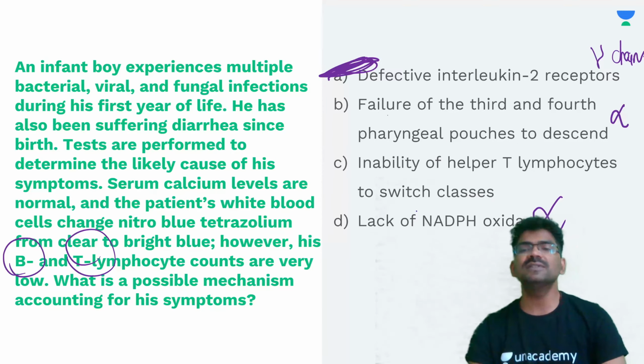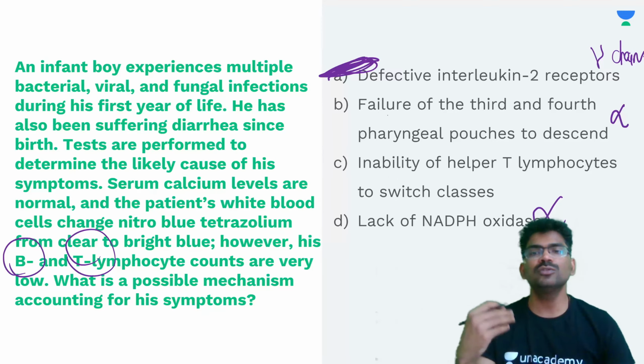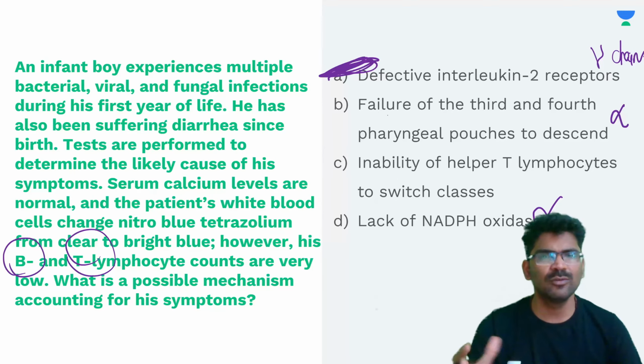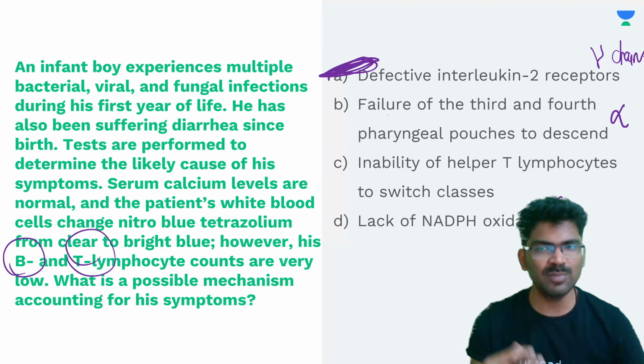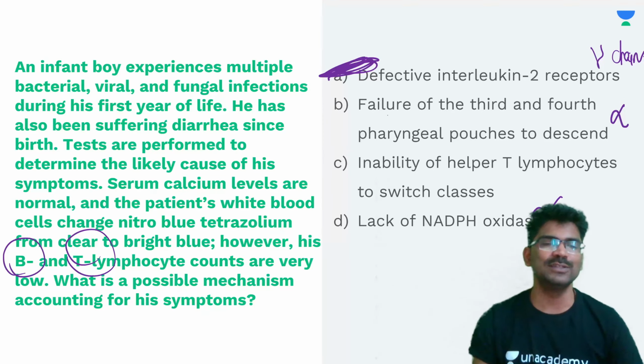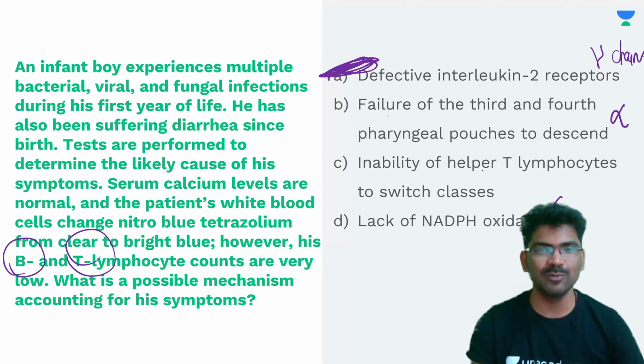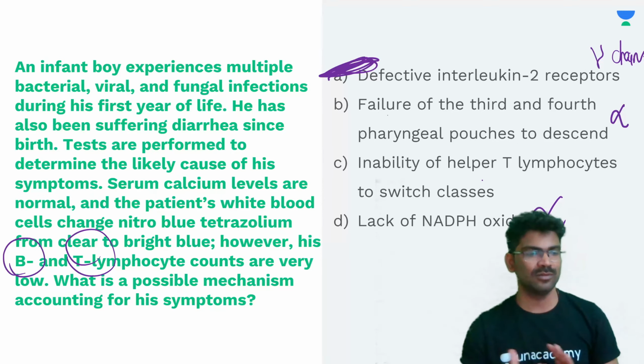What about option C? Inability of helper T lymphocytes to switch classes. What is this? Will helper T lymphocytes switch class? Which cells will switch class? It is your plasma cells, right? Plasma cells, they switch class. It's not your helper T lymphocytes that switch the class.